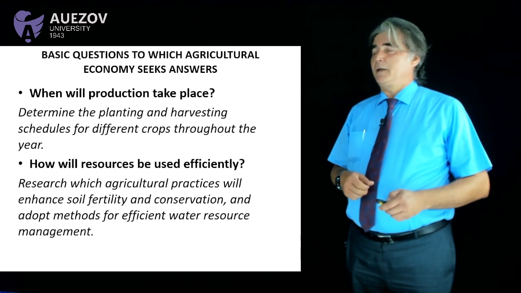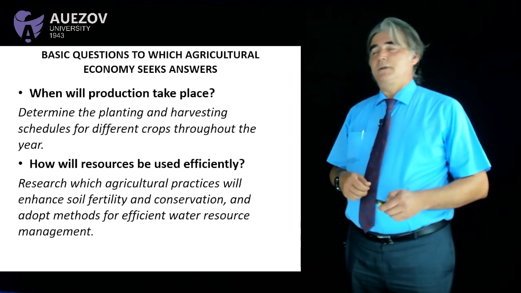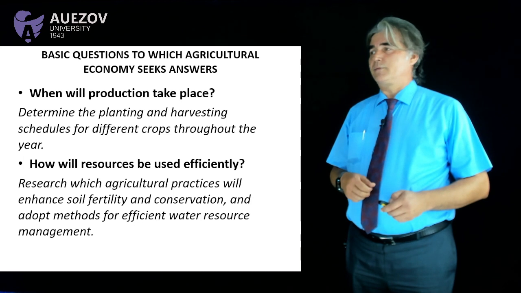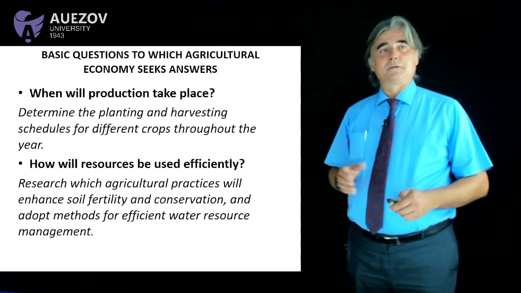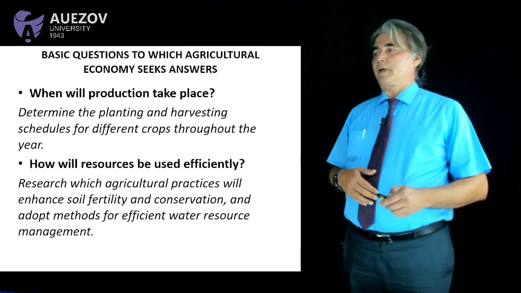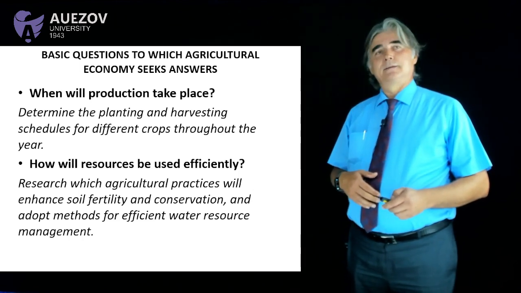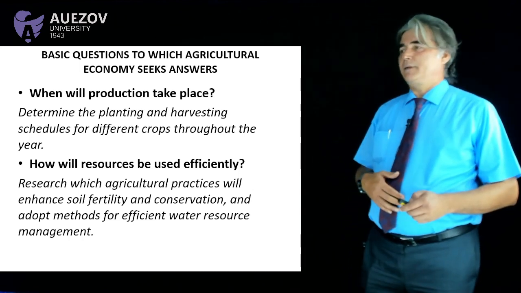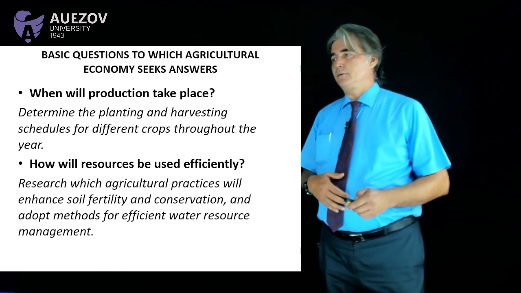We determine the planting and harvesting schedules for different crops throughout the year, and we research which agriculture practices will change soil fertility and conservation, and adopt methods for efficient water resource management.